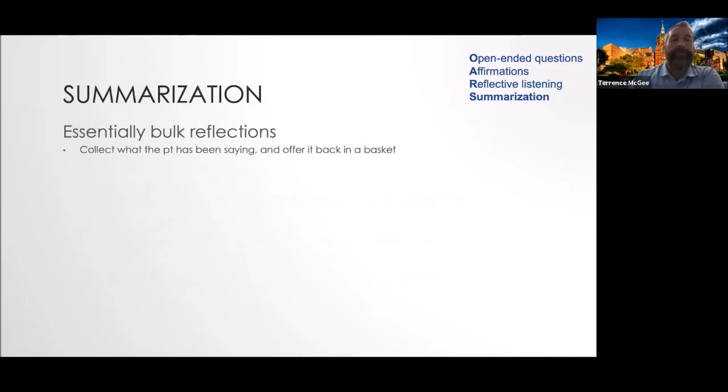Move right along here. And then summarizing, right? Essentially bulk reflections. Collect what the patient has said and offer it back to them. And I'll say to them at the end of my subjective, if you don't mind, I'd like to provide a summary of everything that you just said so that I can make sure I have your story correct.